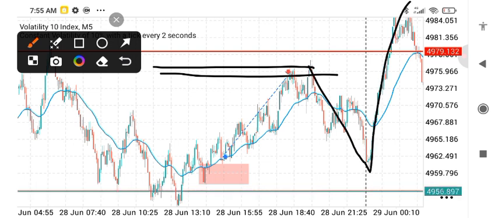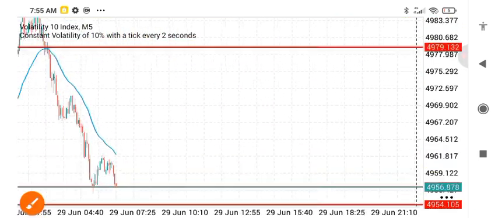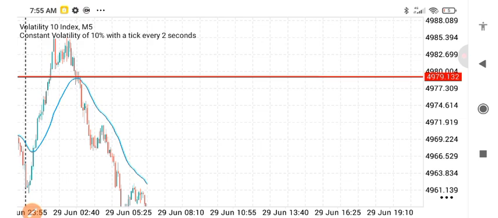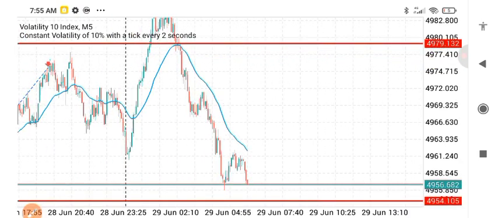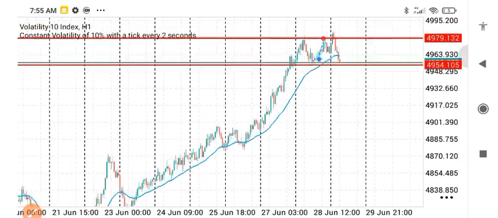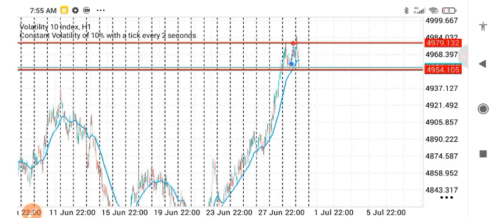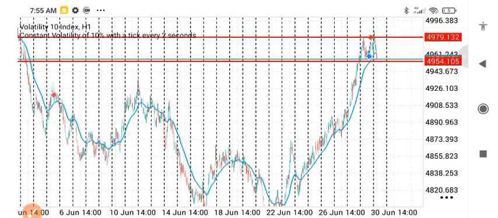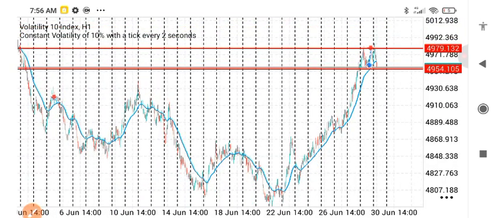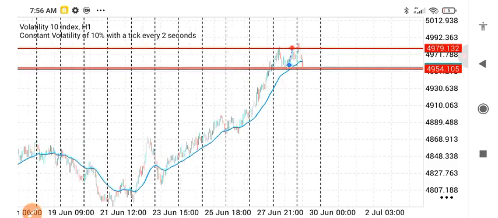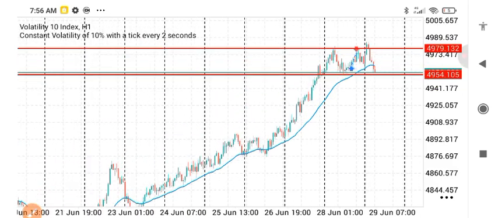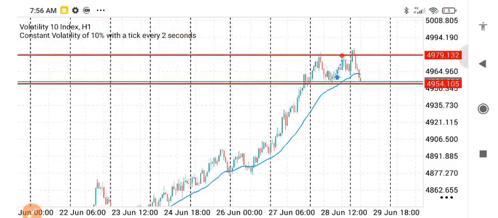So this is just how I took this trade, guys. If you follow these steps, believe me, you are going to be making profits more often. So let me give a recap. First thing, I went to 1 hour time frame and I zoomed out completely to see my trend, and I discovered that it was a bullish trend. That I was in an uptrend. Then I zoomed in also and checked the phase that the market was in.